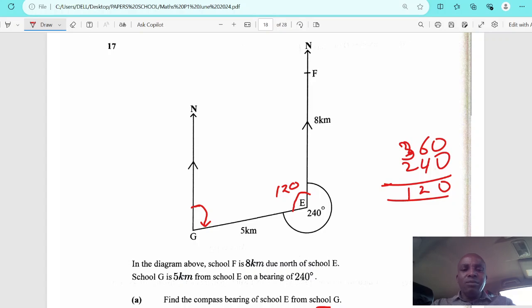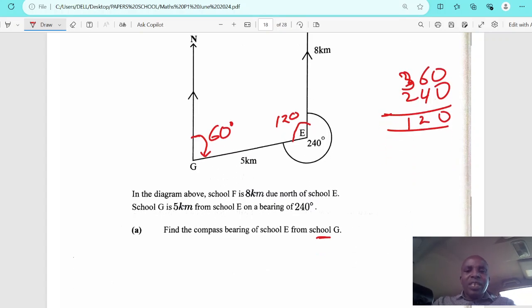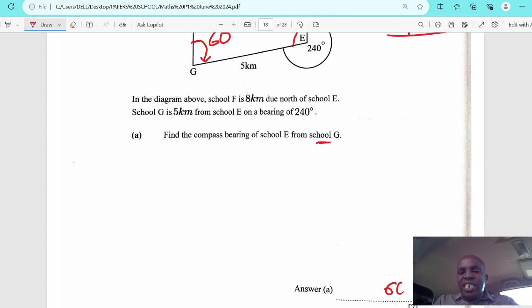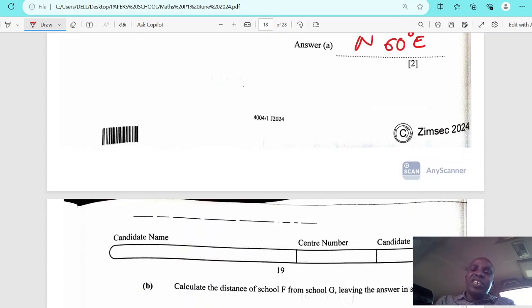They add up to 180. So to find the angle at G, you say 180 minus 120, which is 60 degrees, based on co-interior angles. Right? So the compass bearing is 60 degrees, but you write it with northeast, southwest. It's from the north of G going to the east. So it's northeast. That's the compass bearing. Done.